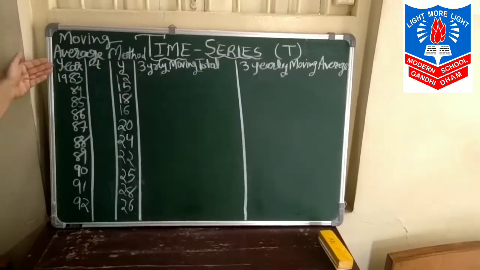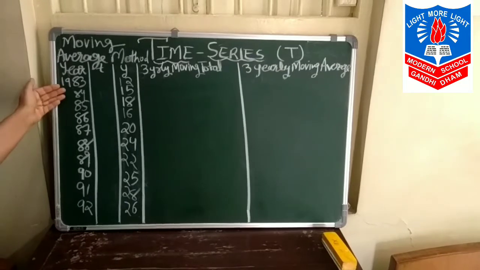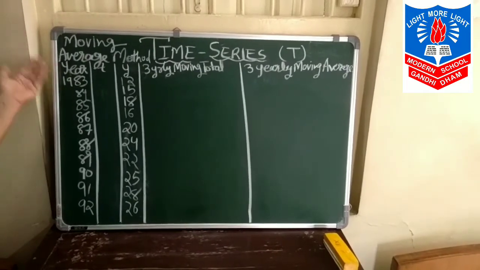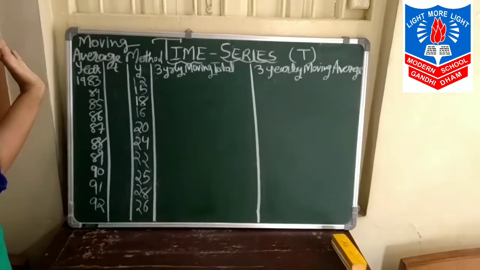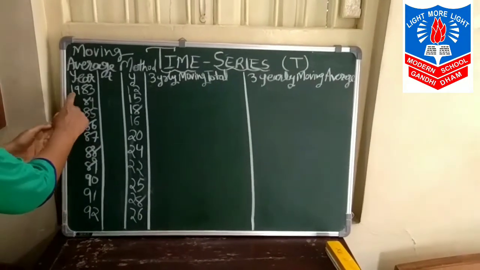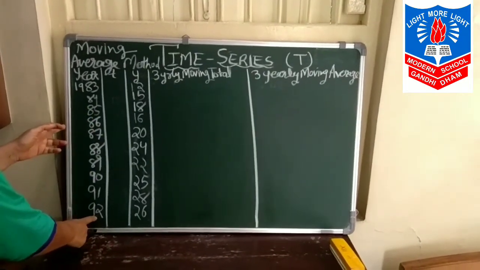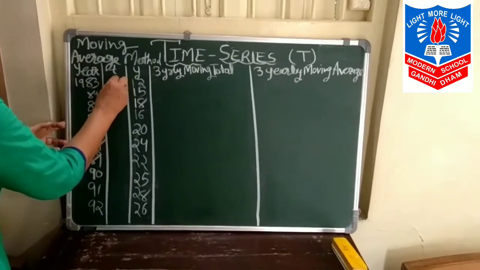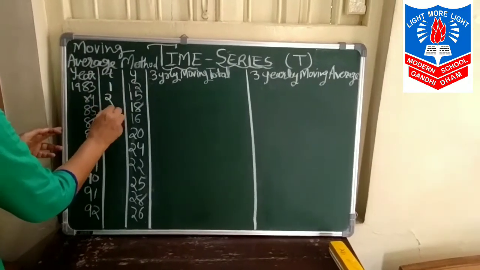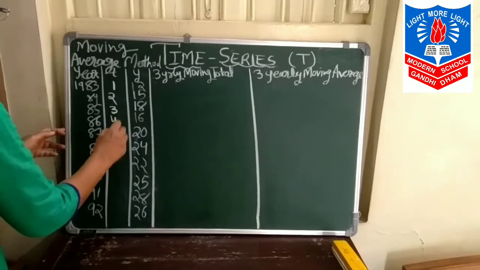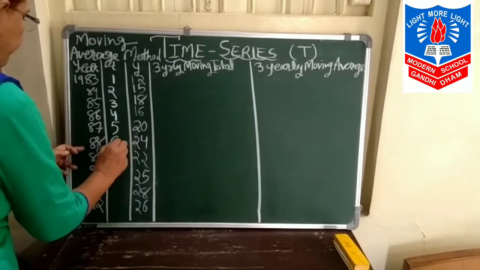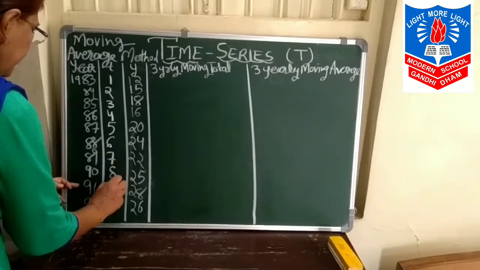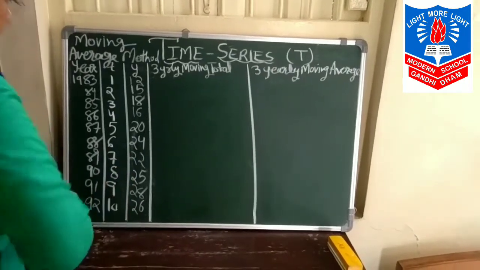Now in the question, years normally will be given, or sometimes direct T also, and Y values will be given. Here, years from 1983 to 1992 are given. So as usual we take T, which we start with 1, 2, 3, 4 this way, and it comes up to 10.